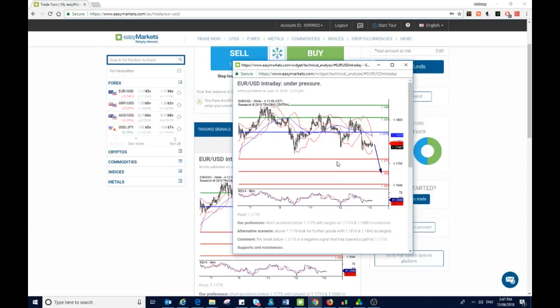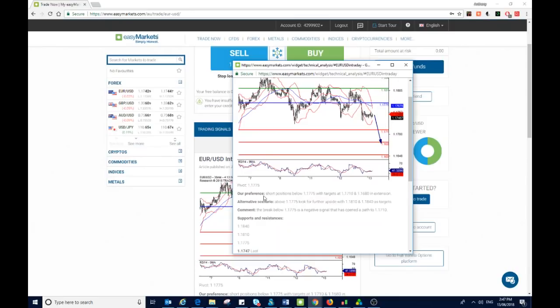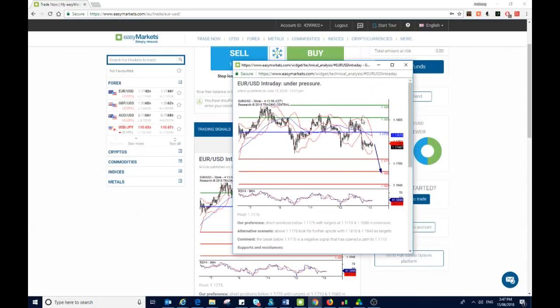So on this pair, they're looking for the market to go to 117.10, 116.80, and that's their preference whilst the market is below the pivot, which is 117.75. Above 117.75, they're looking for the target to go to the top side, 118.10, 118.40. Once again, the green is the resistance and the red is the support. That is important when you're trading, to use the right terminology so you don't get confused.